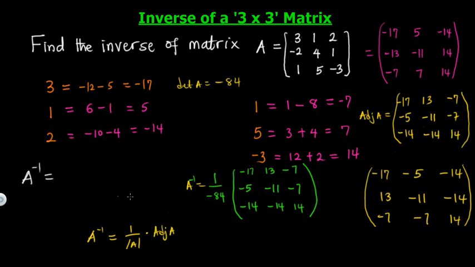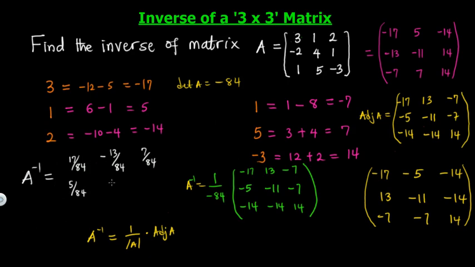So the A inverse will now become, multiply this by each of these, minus times minus plus, that will be 17 over 84. Do the same thing here, that will be minus 13 over 84, that will be 7 over 84. Do the same thing here, that will be 5 over 84.